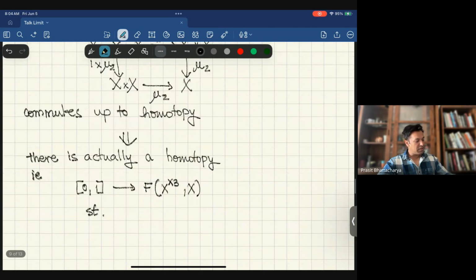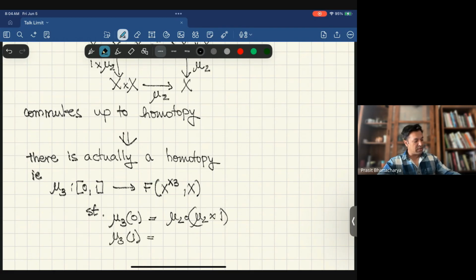And I'm going to call this homotopy mu3. So mu3 at 0 is mu2 composed with mu2 cross 1, and mu3 at 1 is mu2 composed with 1 cross mu2.